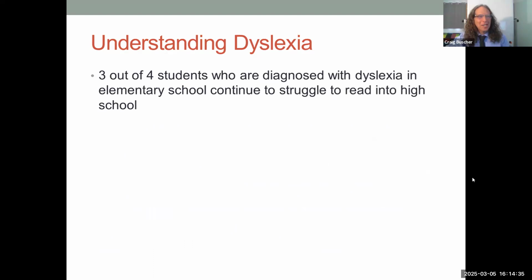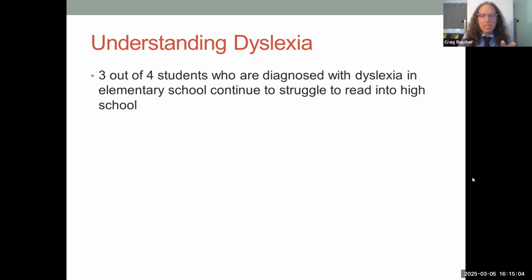You also want to think about these students, where this is neurobiological, and you don't really think of dyslexia as fixing it. There are things we can do instructionally to help that student create this word reading brain that they've been struggling to create. It does tend to be fairly persistent.